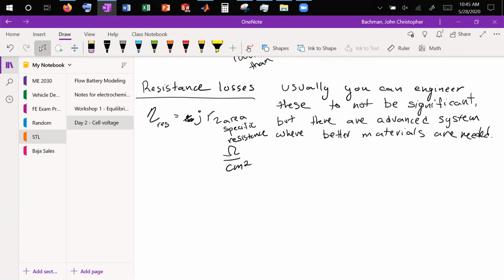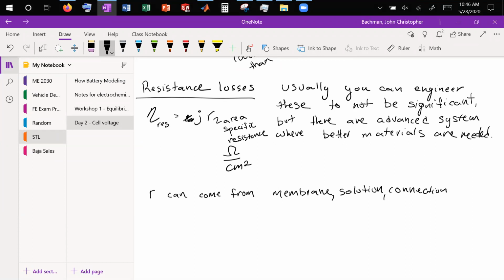And so this R can come from the membrane, like your membrane might have some resistance to it. It can come from the solution resistance. It can come from connections in your system, right? They'll all play in there.